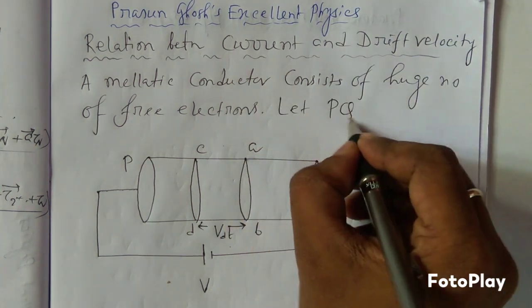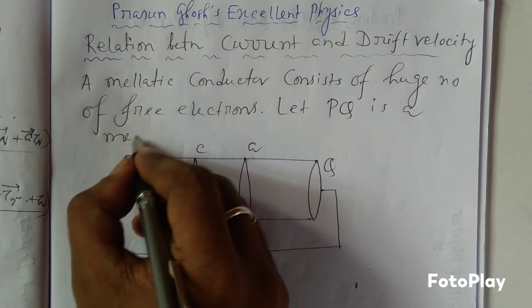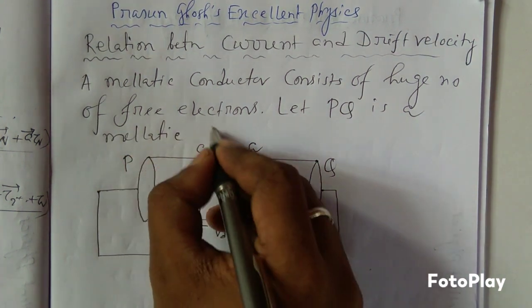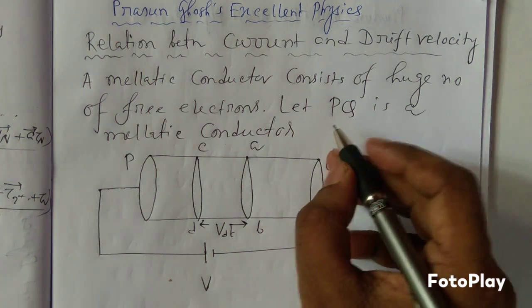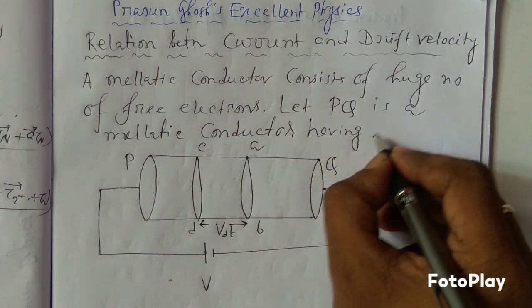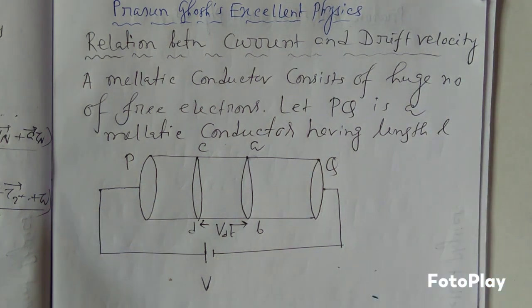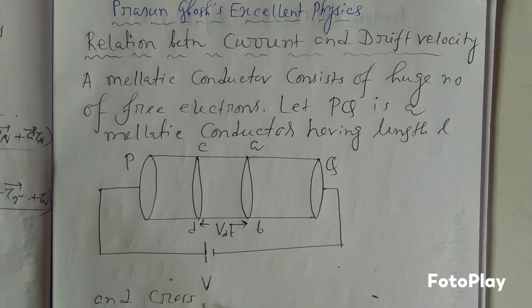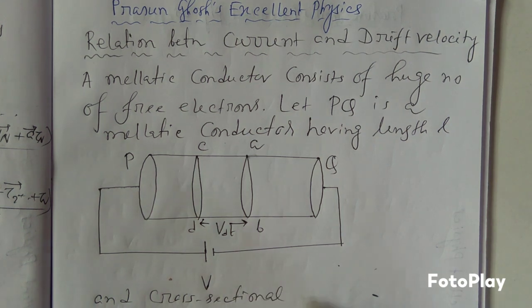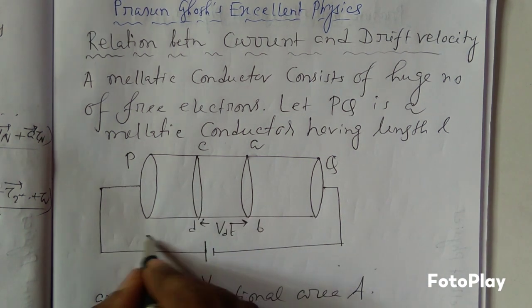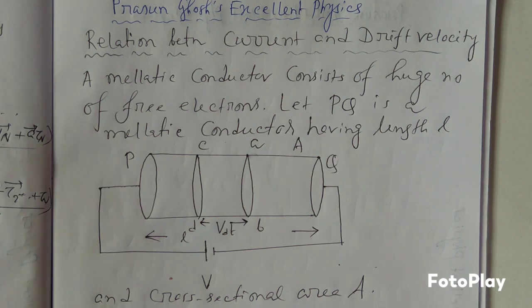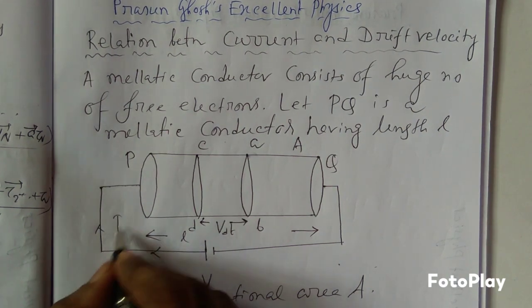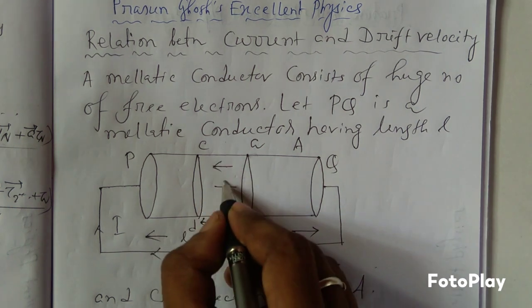Let PQ be a metallic conductor having length L and cross-sectional area A. Current is flowing in this direction and electrons flow in the opposite direction.